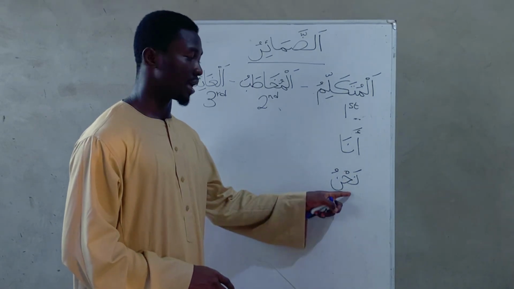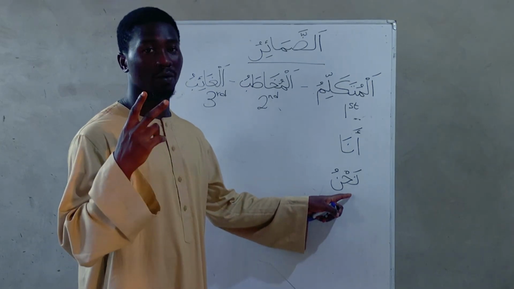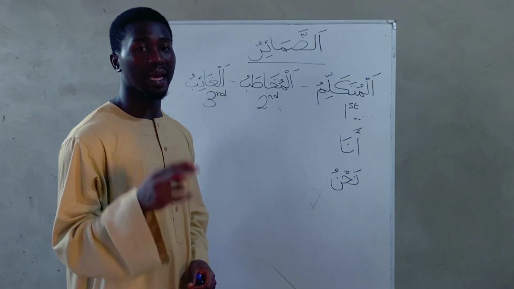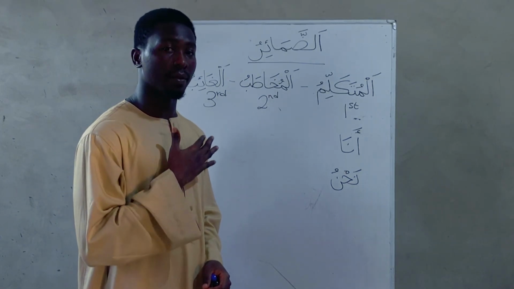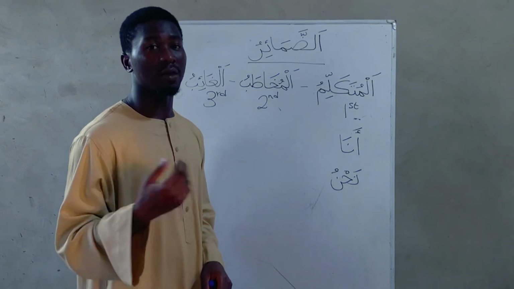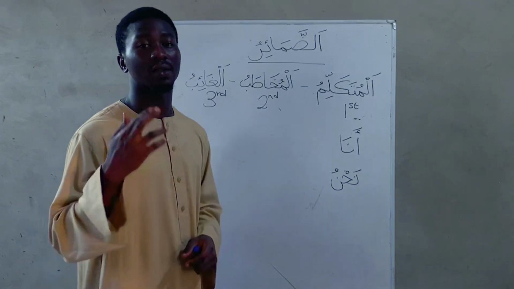No, I'll say nahnu, but the word students will take the dual form. So we'll say nahnu tilmidani, because I'm a male. I am talking about two guys. The two of us are students.